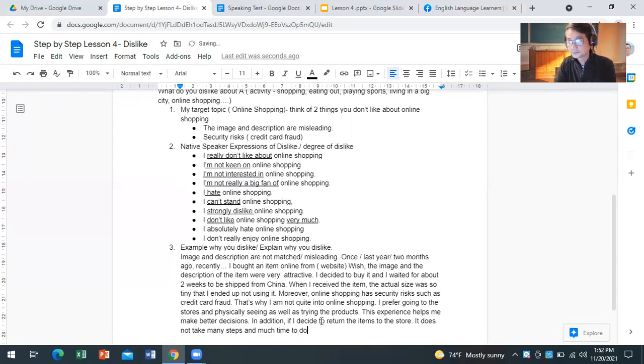If you buy something online and you decide to return it, you have to go to the website, fill in the form, and get the address. You have to go to the post office or the postal service to send it back to, for example, Amazon. You have to have those kinds of steps to be done. So for going to the store, you just go straight there.